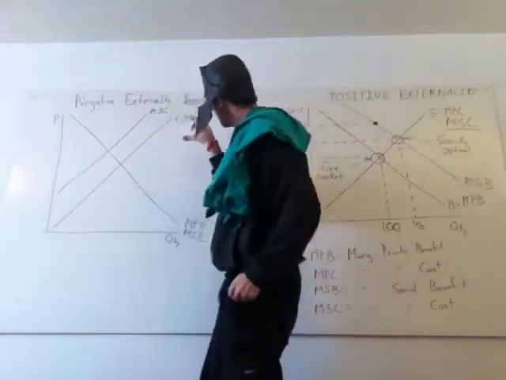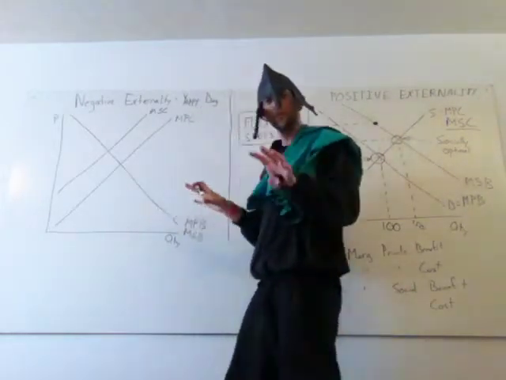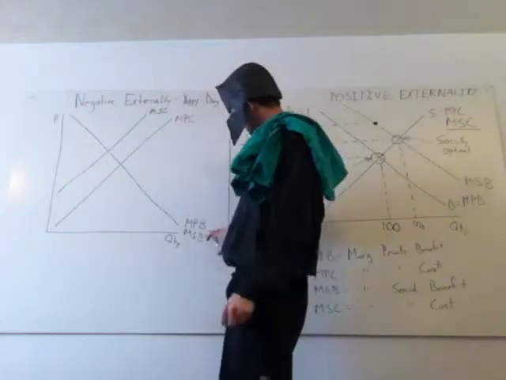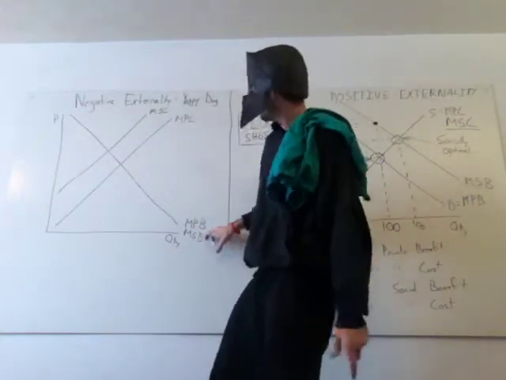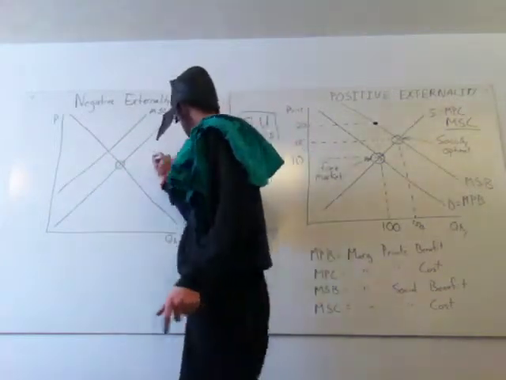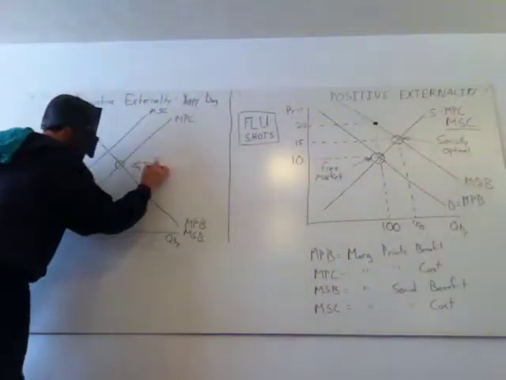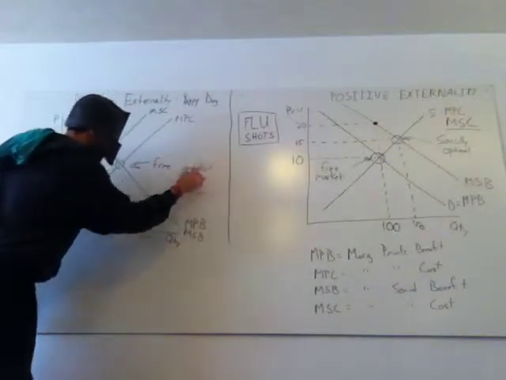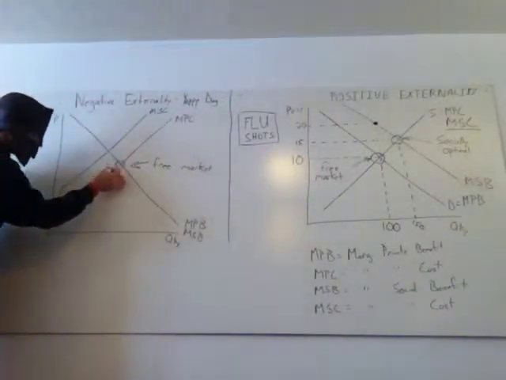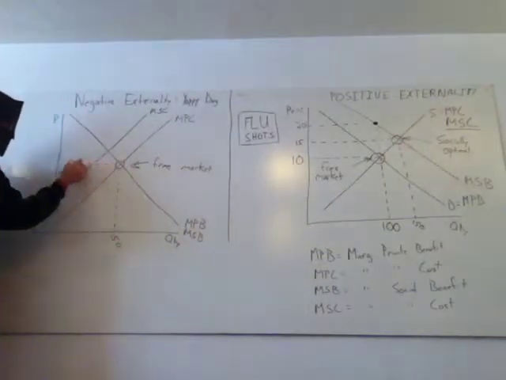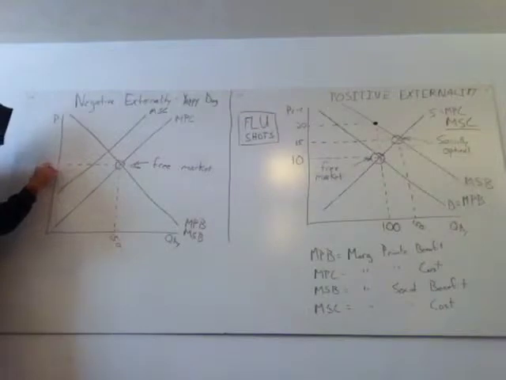Alright. So now, the free market one, we got to find our private curves. So my private cost curve, there's only one benefit curve, so that's right here. So that's my free market one. So let's give it a price and quantity. Let's call it 150 and, I don't know, 10.